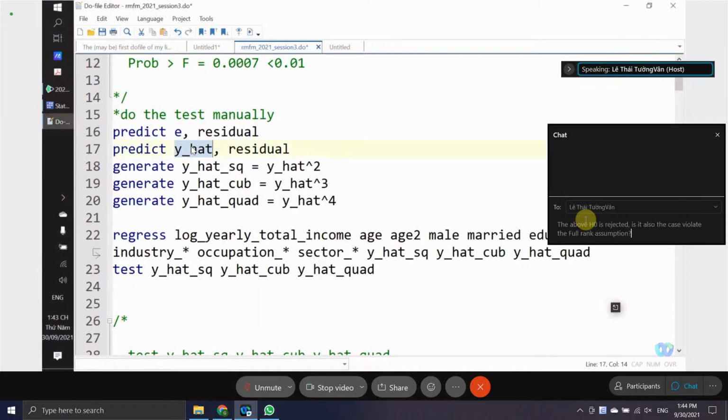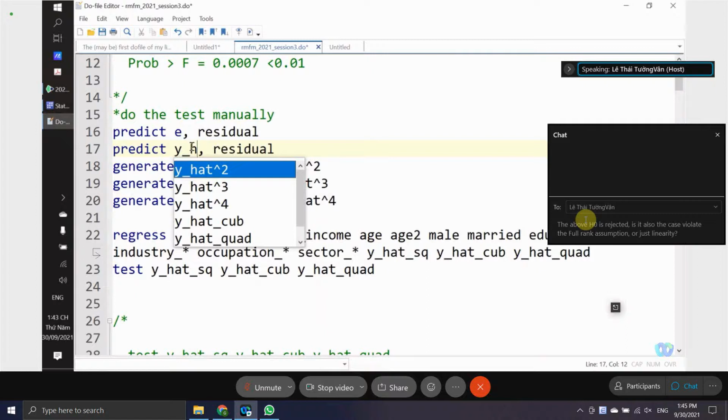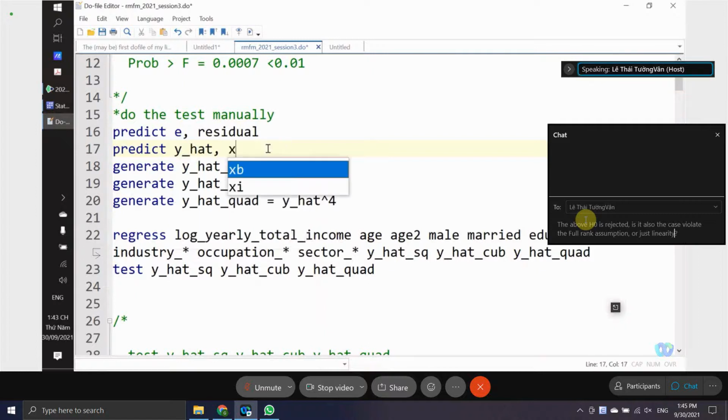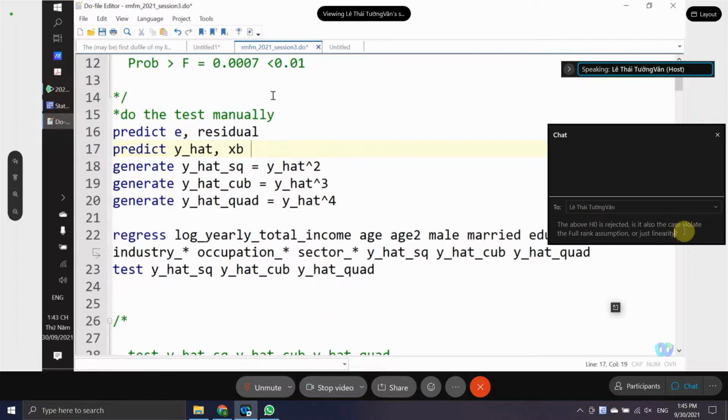If you put RM, if you put VGU, you would get a variable with the name VGU. It doesn't matter what name you put. What's important is the subcommand at the end that will tell Stata what quantity to estimate, right?